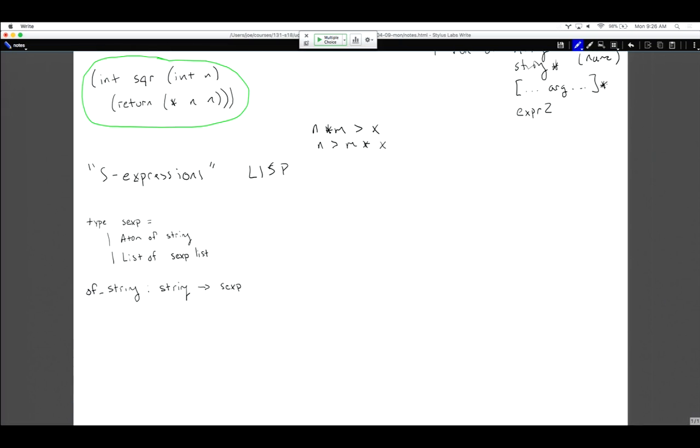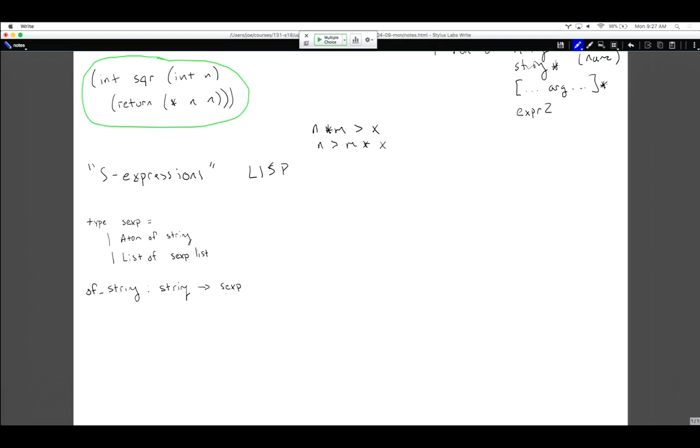And the idea is that every S-expression is either some atom, they call them, some just string or number or operand, some basic string, or it's a list of other S-expressions. So every S-expression is either an atom, things like int or square or n in that example, or a list of other S-expressions. And the list is some parentheses around the list of sub-S-expressions.